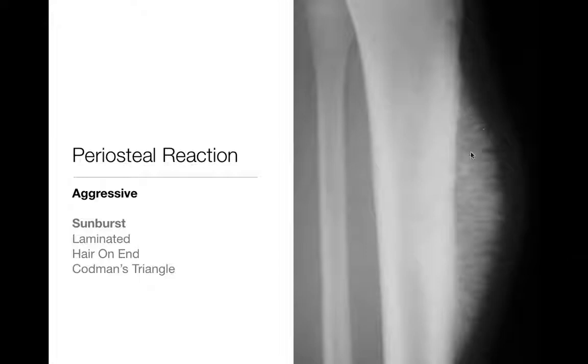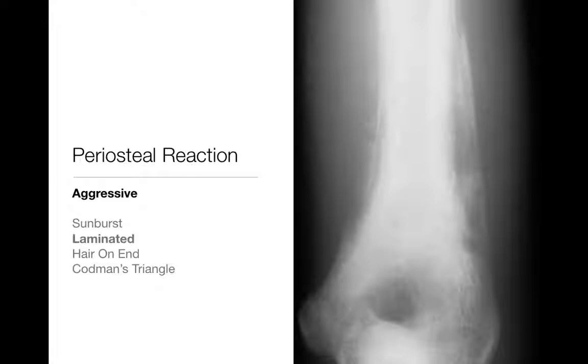So you're just getting these disorganized spicules of bone which are radiating outwards. And so this is a nice example of a sunburst periosteal reaction, really something scary. We don't really see a tumor here very well. You get the vague idea there's some sclerosis here. This was a periosteal osteosarcoma in this case that was causing this periosteal reaction.